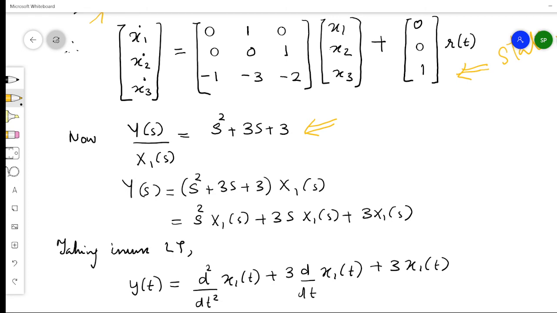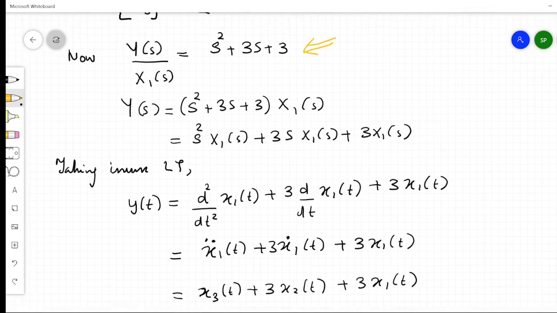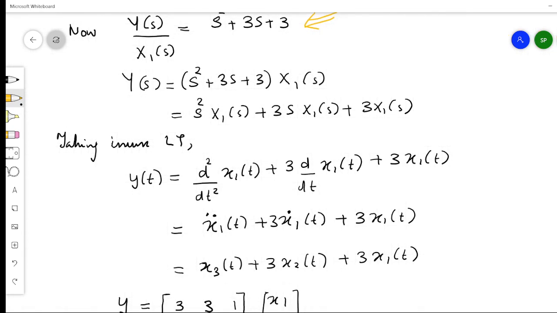So we expand it. We know that it is in S domain, so we have to convert it into time domain by taking the inverse Laplace transform. So I take the inverse Laplace transform of this equation. So y of s becomes y of t. s squared, we know it is the second derivative, so d squared by dt squared x1 of t. s means it is the first derivative, so 3 d by dt x1 of t.